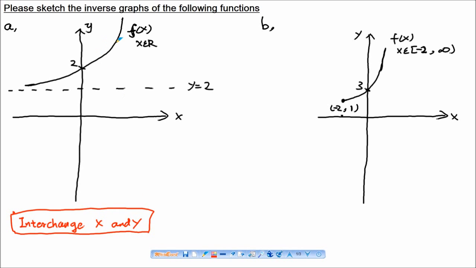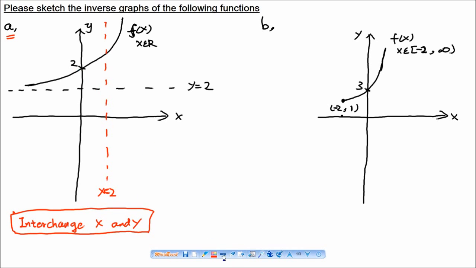Let's look at graph A first. In the graph, I have an asymptote at y equals 2, but after I interchange x and y, I will have an asymptote at x equals 2.